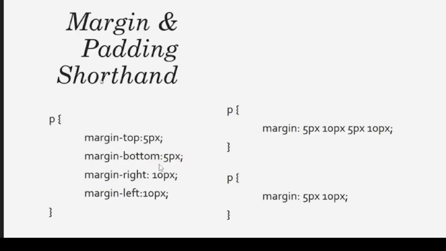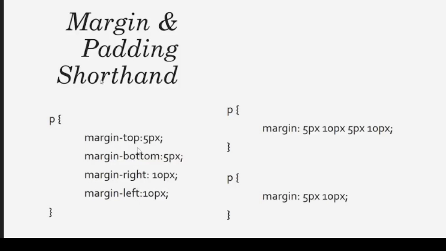is, if you have margin top 5 pixels, margin bottom 5 pixels, margin right 10 pixels, margin left 10 pixels, then you now use a model I call TRBL, which is top, right, bottom, left.